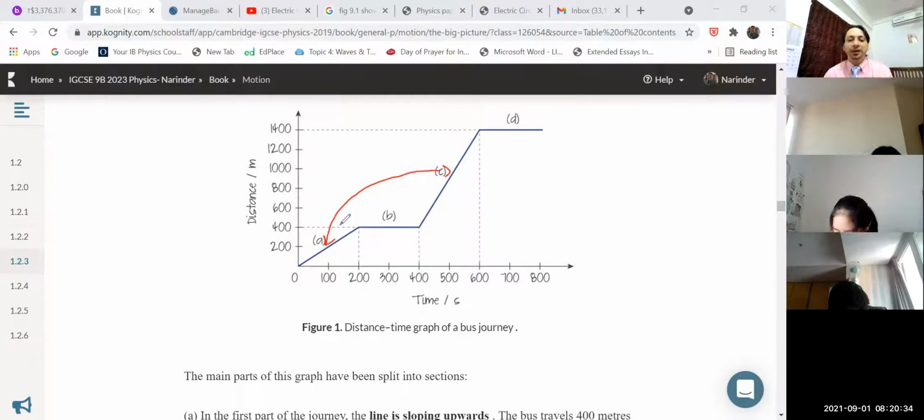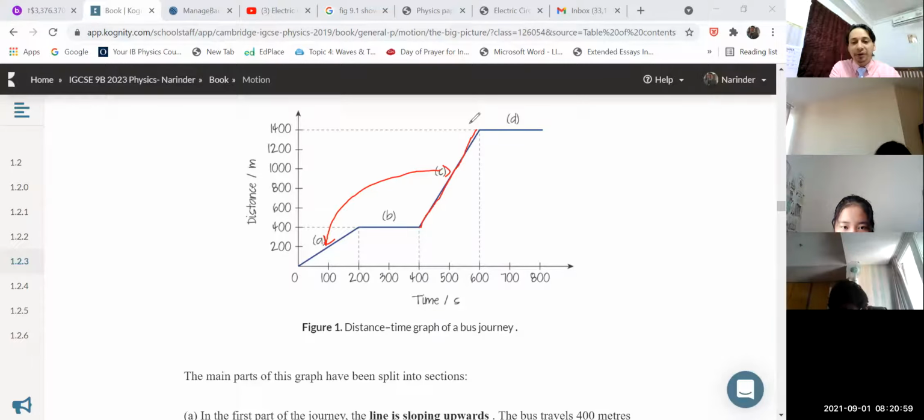The object is moving in graph A, the object is also in motion in graph C, but the line is steeper, the slope is higher. We will discuss the slope in just a few minutes, children. Slope is higher for section C compared with A.